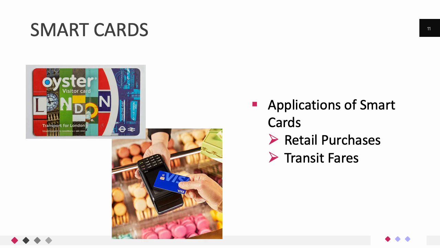No more fumbling around for exact change or waiting for the machine to process cash. So whether you're grabbing a quick meal between classes or taking the MRT to Tamsui on weekends, smart cards have basically revolutionized how we pay for things in our modern world.